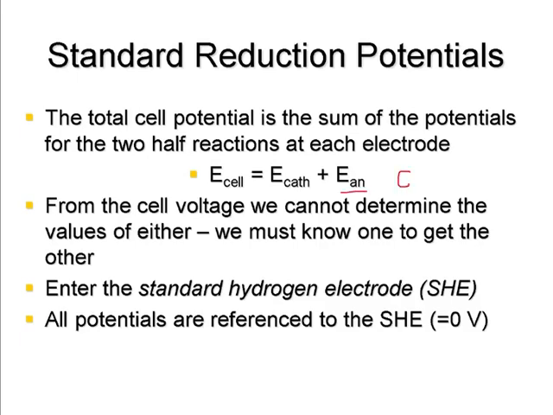So the E0 at the anode is normally 0. So when you're using SHE, E anode is 0. Technically speaking, the cell potential will be equal to the potential of the cathode. That's the reason why it is used as a reference electrode.